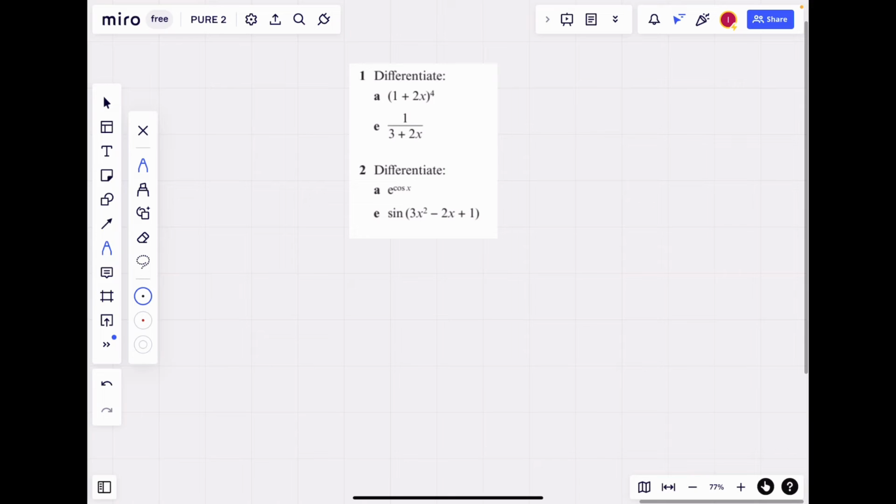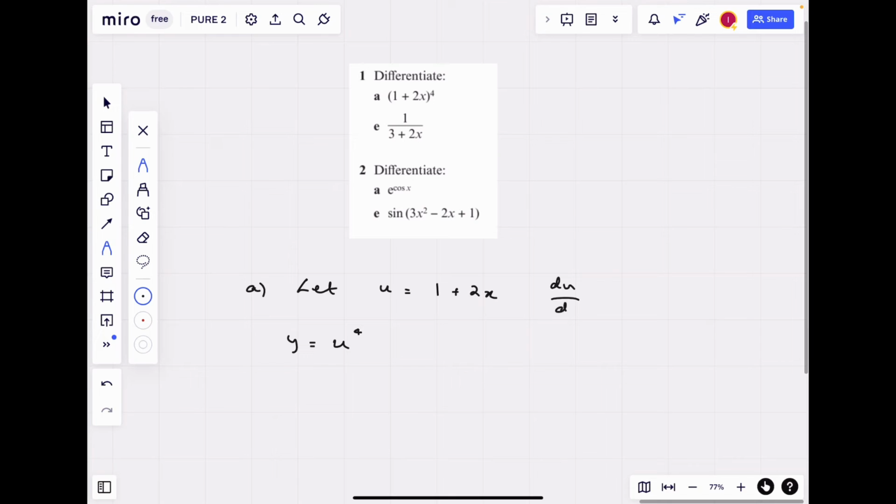Okay, first one. Your substitute will be what? 1 plus 2x. So you let u equal 1 plus 2x, which means y equals u to the power of 4.